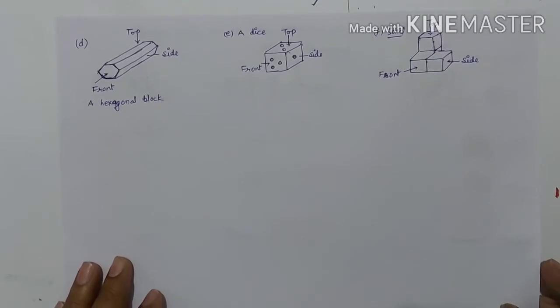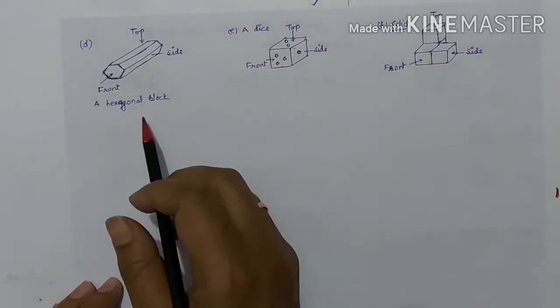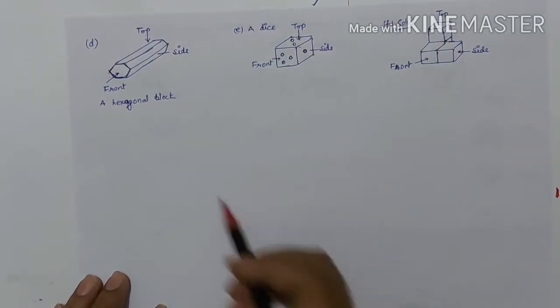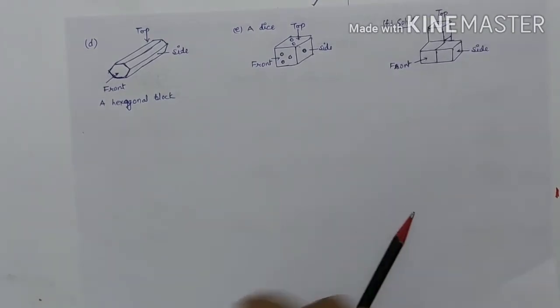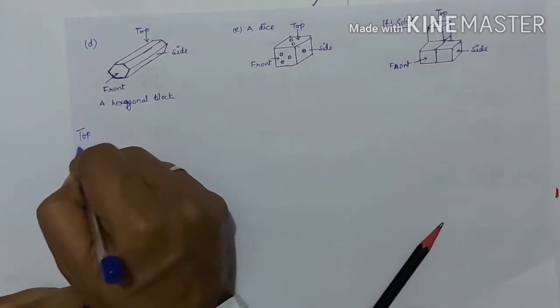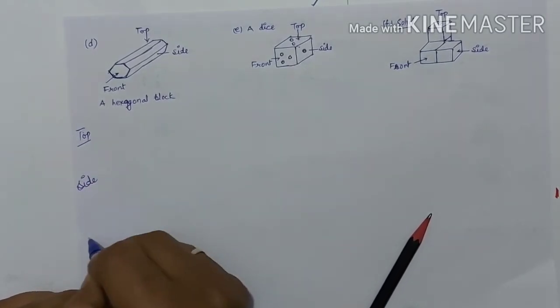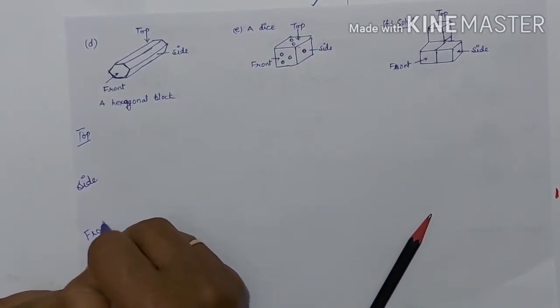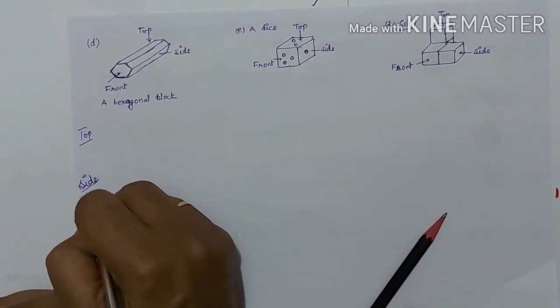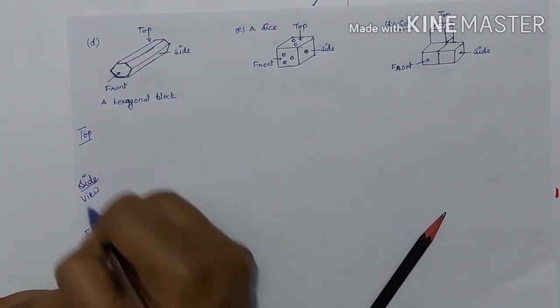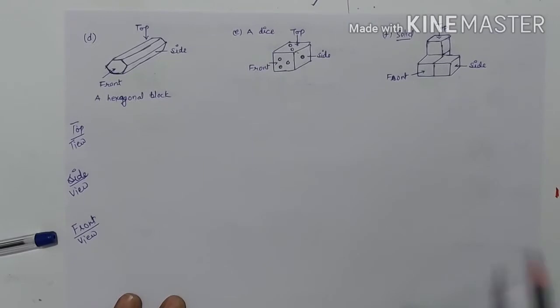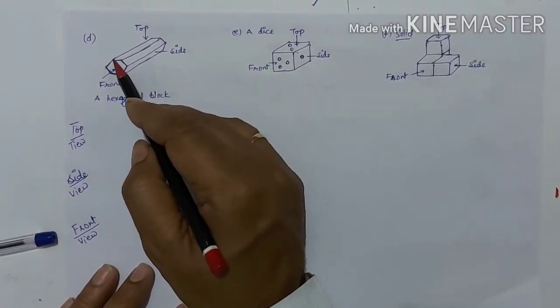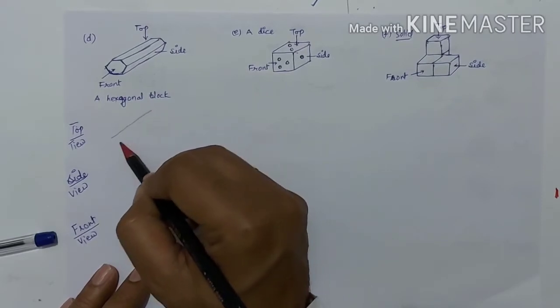Okay, now next is the third question. First is the hexagonal box. So first we will write top, side and front. Top: you see only one shape, a rectangle shape.